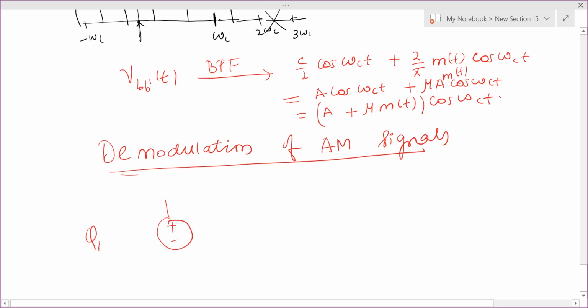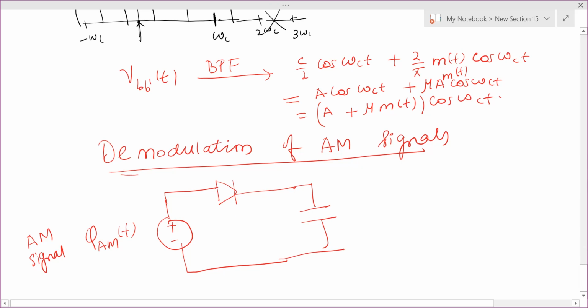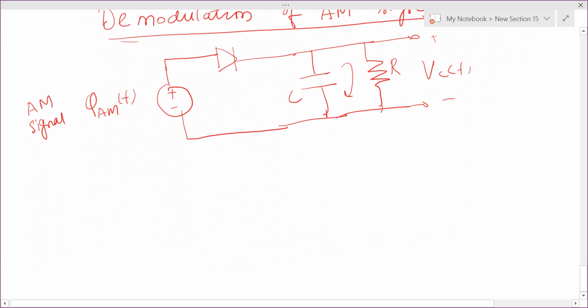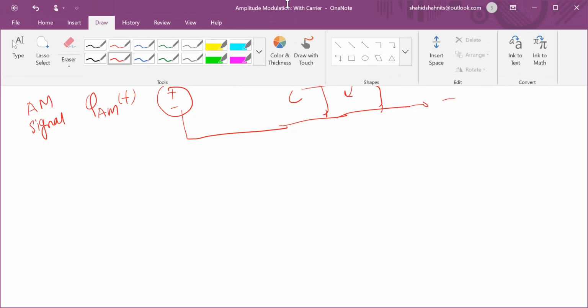So this is your phi AM of t. This is the AM signal. There is a simple diode over here, a simple capacitor, a shunt load resistor, and this is your VC of t. Now let's see what will happen. Let's plot this tone modulation based AM.